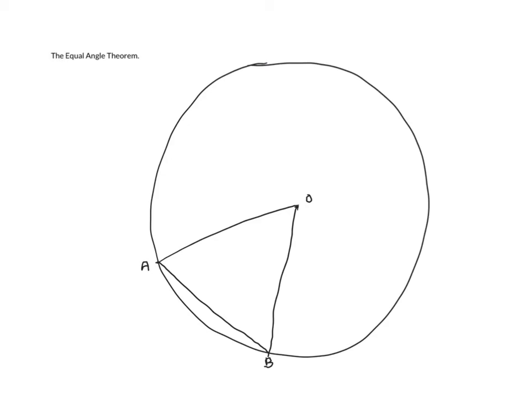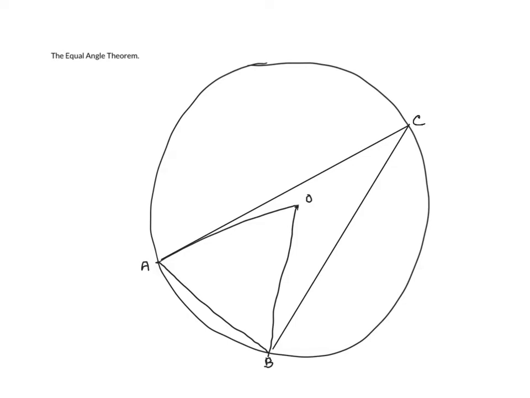I'm going to take a line from A all the way across to the far side. It's not a diameter because it doesn't go through O, but it's going to go all the way over to the other side. And then I'm going to do the same thing with B and join it to the same point. And we might as well give that a name, so we will call it C.